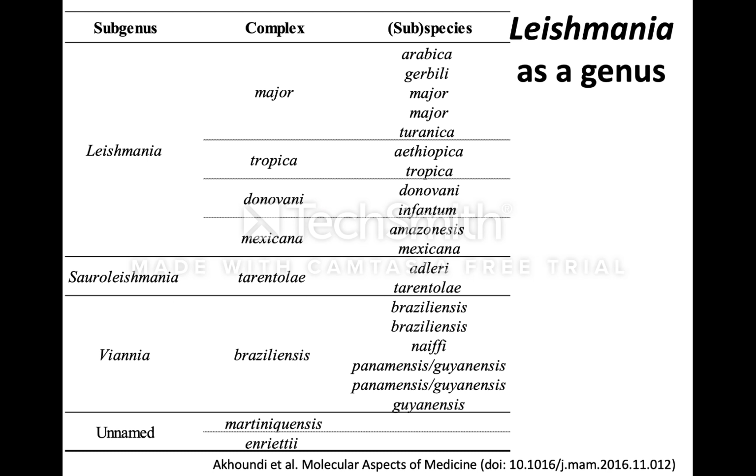When we think of Leishmania as a genus, it's worth considering the diversity inside it, at least in terms of its taxonomy, as a way of navigating it initially. What you see on your left is the subgenera.